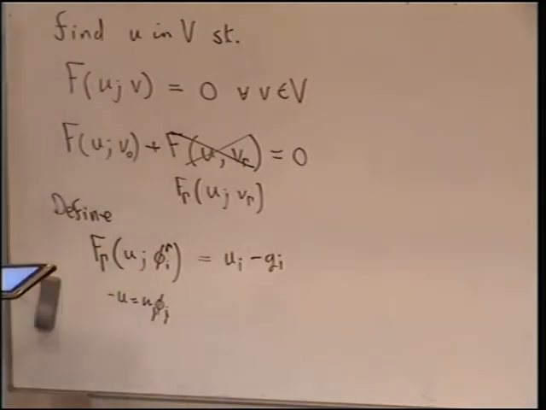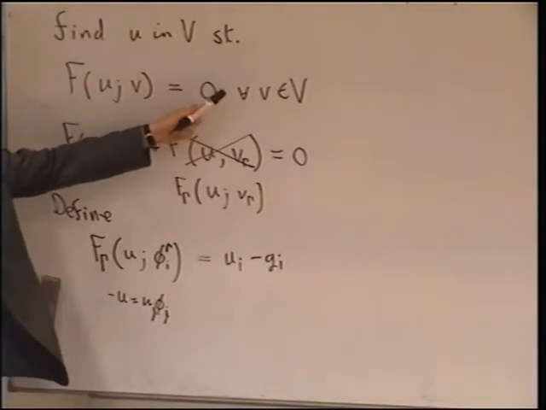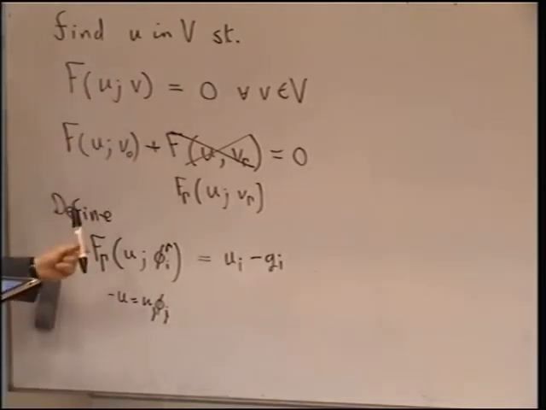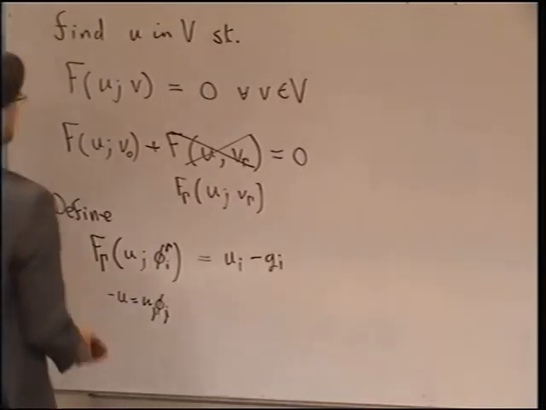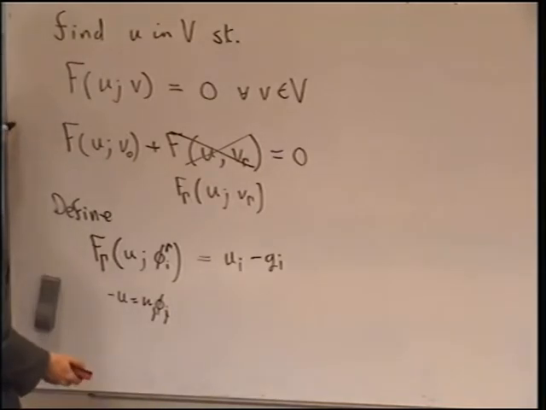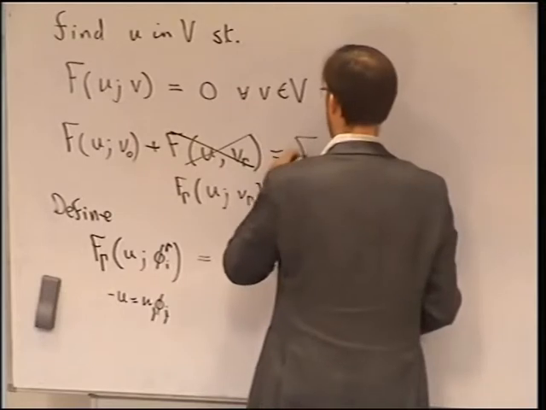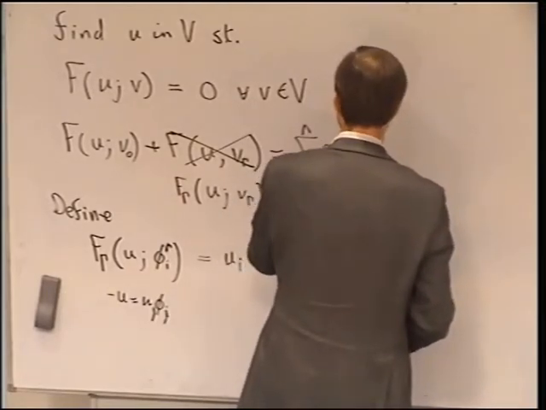So that now means that I've got my new version. So this is my unconstrained version with no boundary conditions applied, and this is my constrained version. And what I'm going to do is define that this is equal to f hat of u, v.